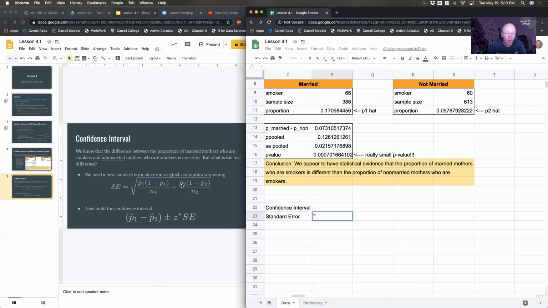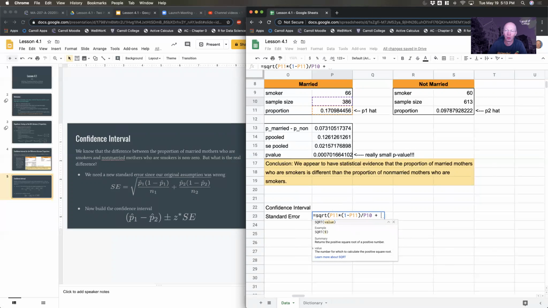Okay, so my standard error for my confidence interval is, if you just cover up one piece of this, this should look like the standard error formula from one proportion. And that should look like the standard error formula from one proportion. We're just putting those together. So square root of P1 hat times parentheses 1 minus P1 hat, divided by sample size. Don't end your last parenthesis there.